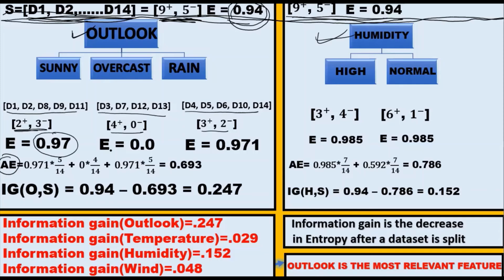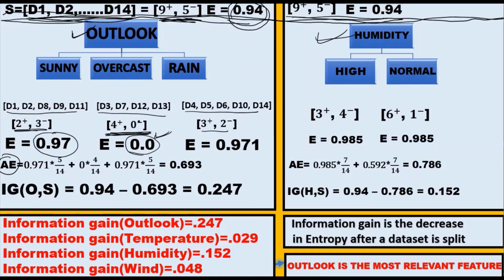Entropy of this one, entropy of this one, 0, because it's pure. Even if you use the mathematical formula, you have to take 0, because there is a problem in the 0 case. When you get 0 by 0 form, it's an indeterminate form, and you consider 0. For a pure node, you need not worry, just write 0.